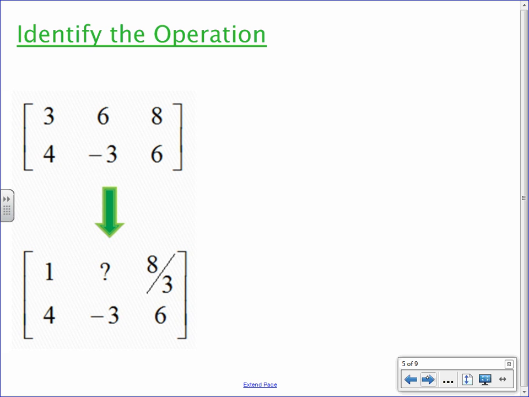Multiply by 1/3. What's divided by 3? We're taking row 1 and multiplying by 1/3, right? Which means our question mark would be what?